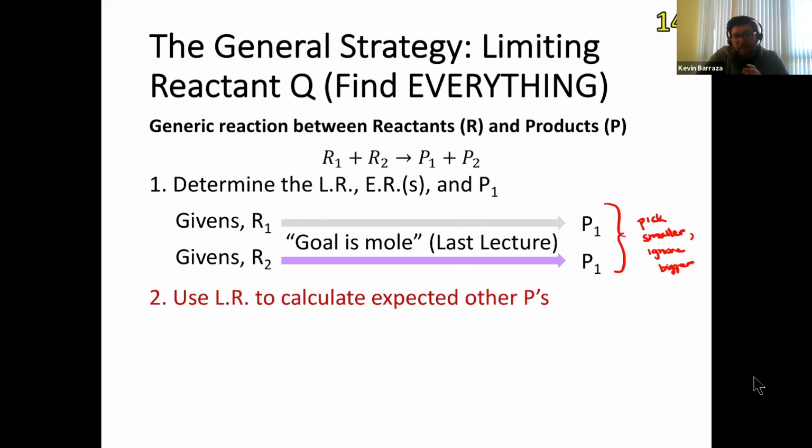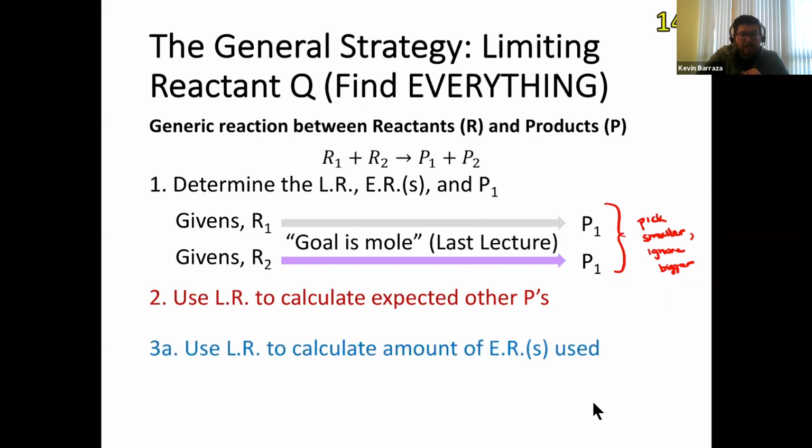So our example was not one of these cases, but in the video tutorial, I do a case where there's a second product. We would just use the limiting reactant to calculate any other products in the problem. And then we use the limiting reactant again. So again, it seems like a lot of steps, but they start the same way.